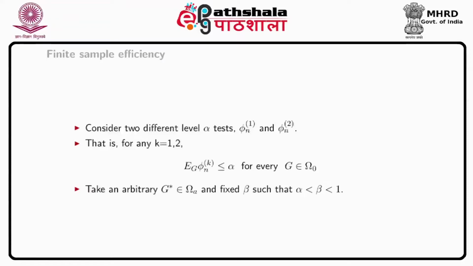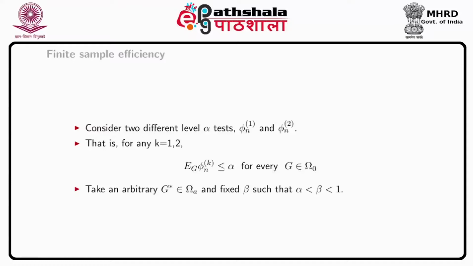Consider two different level alpha tests denoted by phi_n^(1) and phi_n^(2). That is, for k = 1 and 2, the expected value of phi_n^(k) under G is less than or equal to alpha for every G belonging to omega naught.